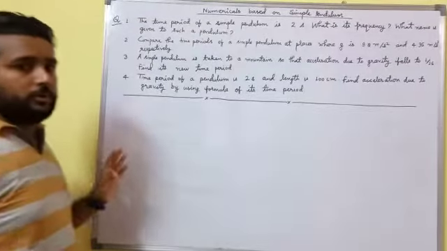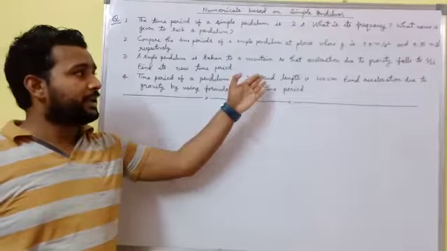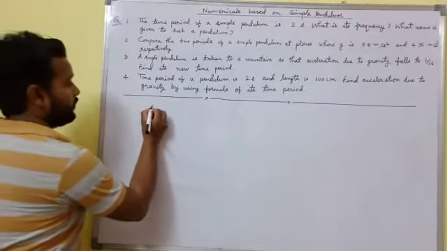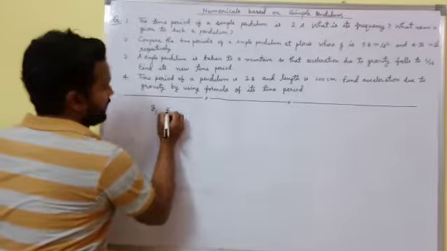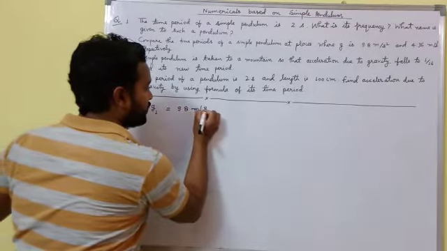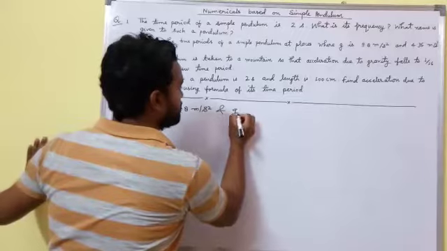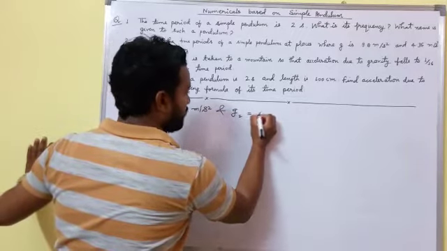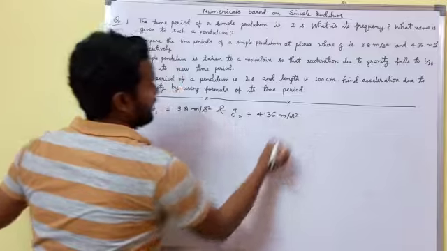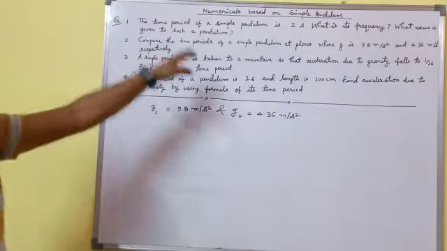It means we have the values of g, 9.8 and 4.36 meter per second square. So write the value of g1 as 9.8 meter per second square and g2 as 4.36 meter per second square, and compare the time periods.